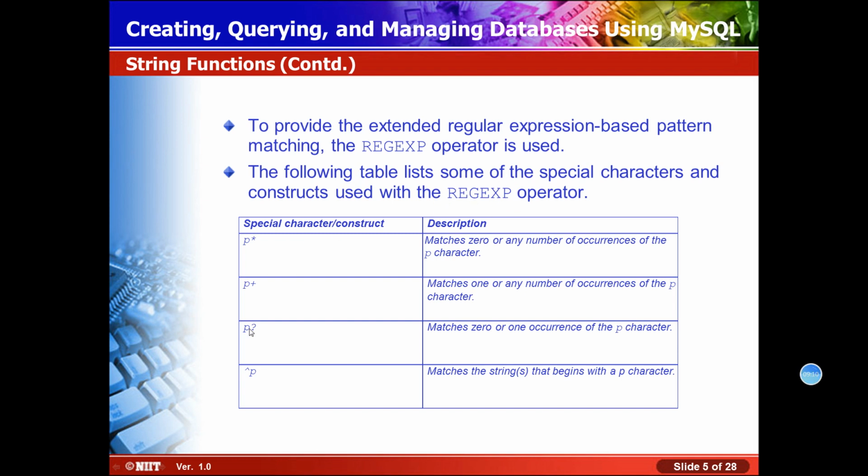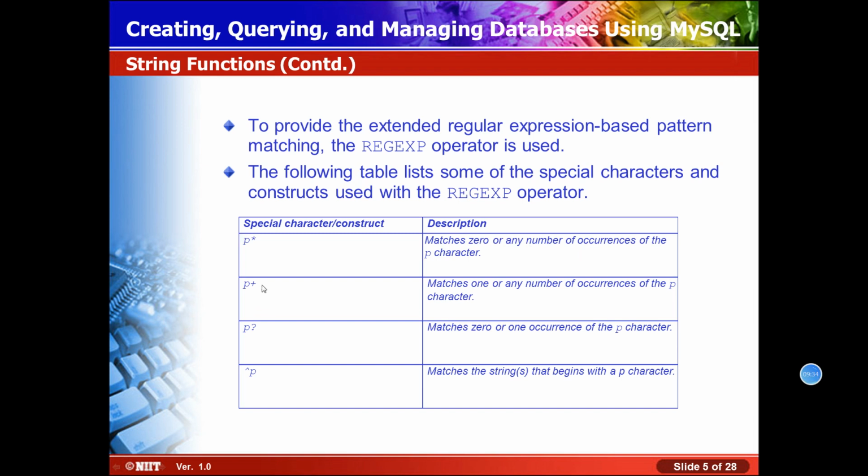Now there are 4 special characters which you have to remember. If you use p star, what does that mean? It will return the record with 0 p, that means there is no p in the record, or any number of p.